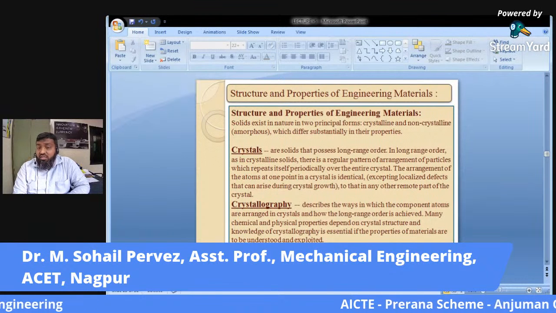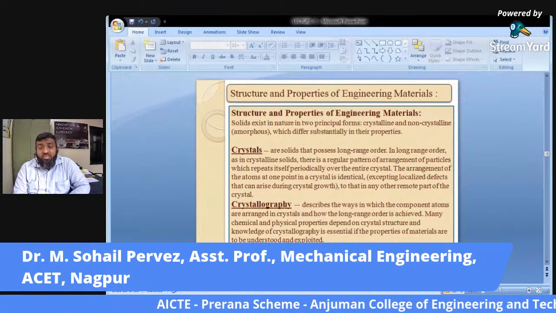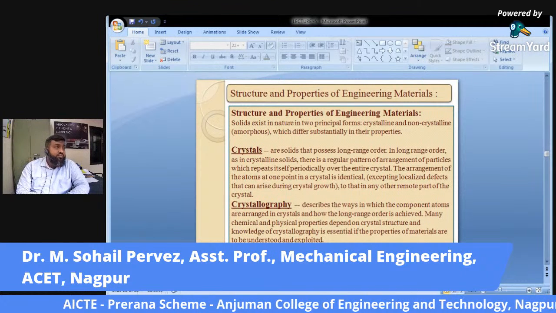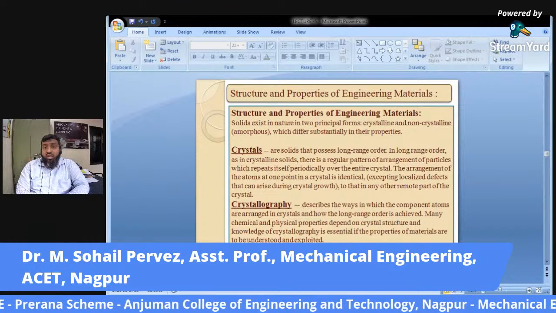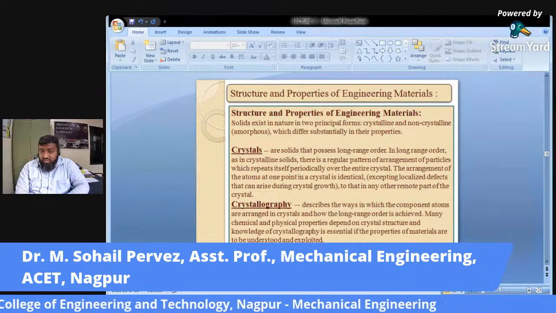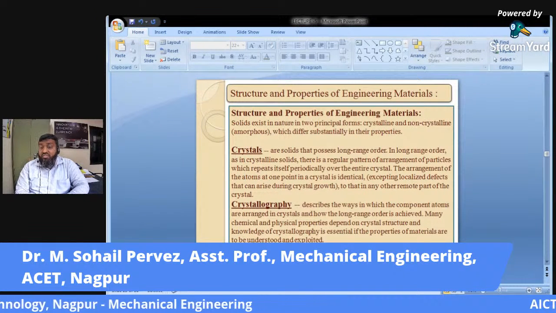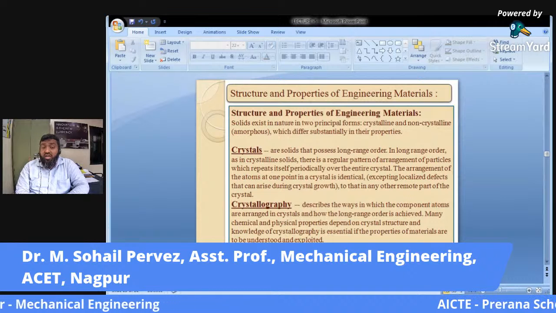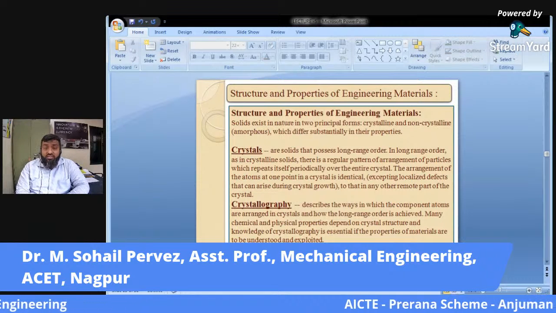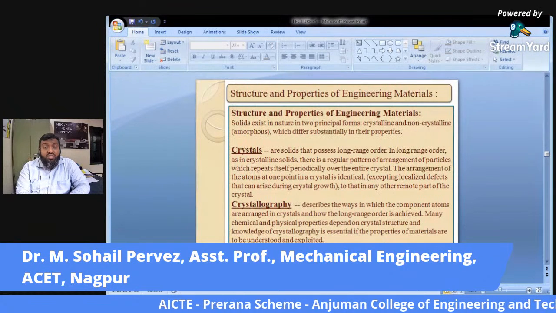The study is known as crystallography. Many chemical and physical properties depend on crystal structure, and it is but natural. We will see how it is affecting. And the knowledge of crystallography is essential if the properties of material are to be understood and exploited. This we'll see later on.